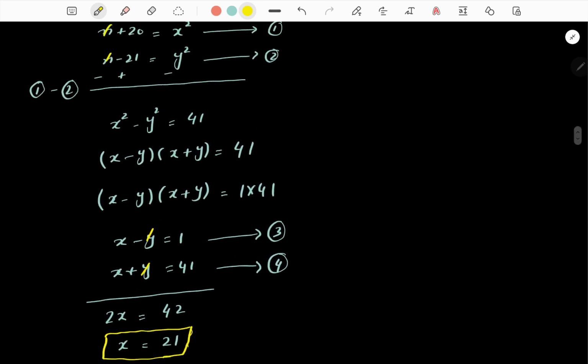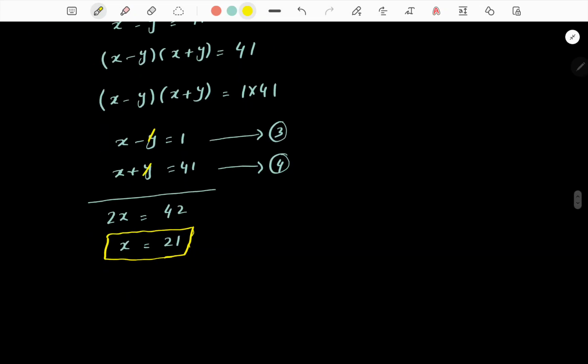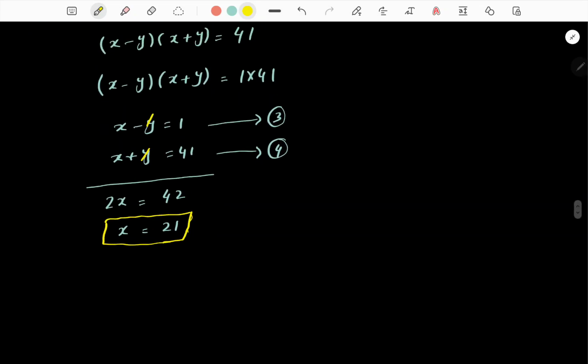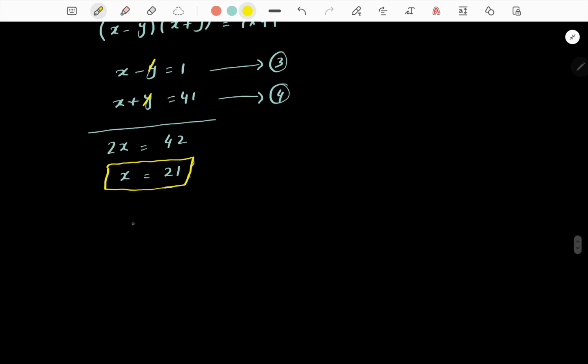Now if we substitute this in equation number 3 or 4, we will get x plus y is equal to 41. If we substitute the value of x, which is 21, or from here y is 41 minus x, and y is equal to 41 minus 21, that is 20.